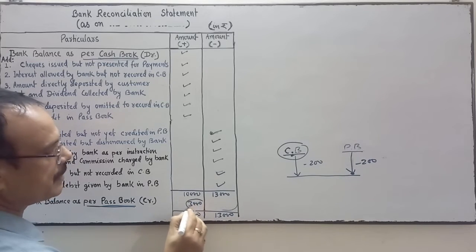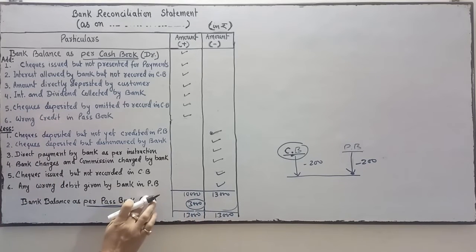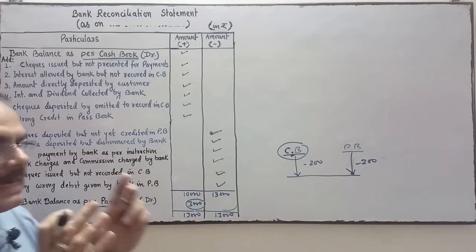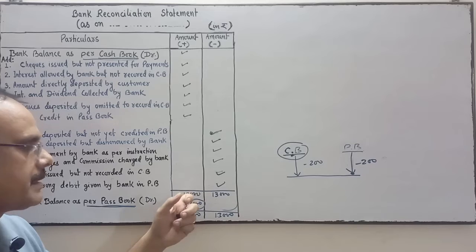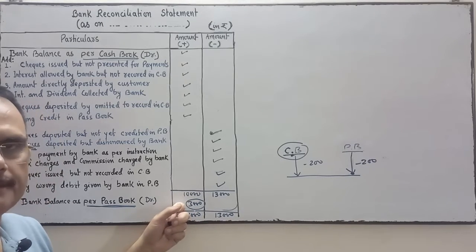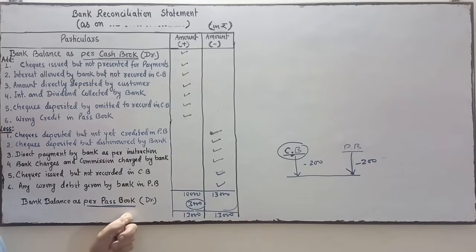This 3,000 difference means minus exceeds the plus. So minus 13 plus 10 means the resultant is minus 3. This minus figure indicates that bank balance as per passbook is an overdraft, and in the passbook, overdraft means a debit balance. Debit means withdrawal.